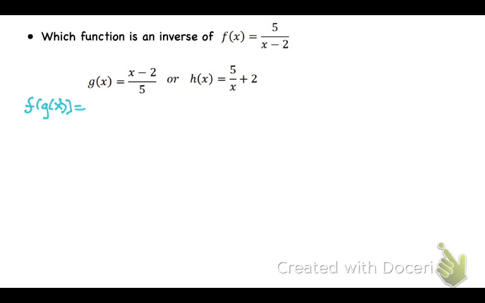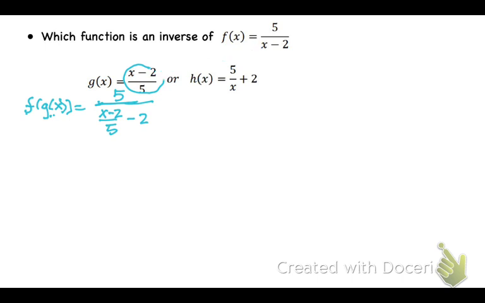So 5 over x, but x is now x minus 2 over 5, minus 2. We got some work to do. What is f of g of x? What is g of x? This whole thing, yes? So it has to go in for that x, doesn't it? And that's what I did.